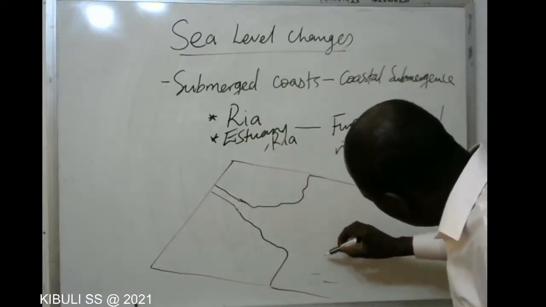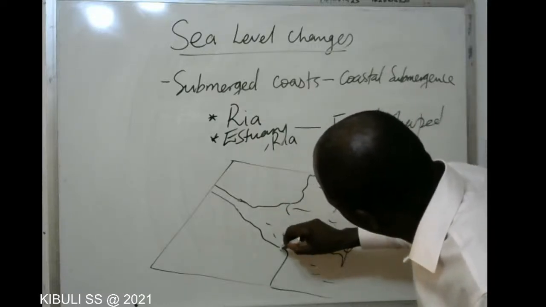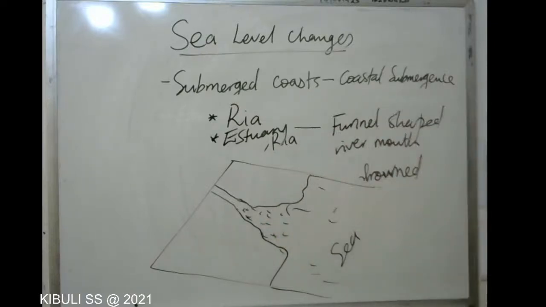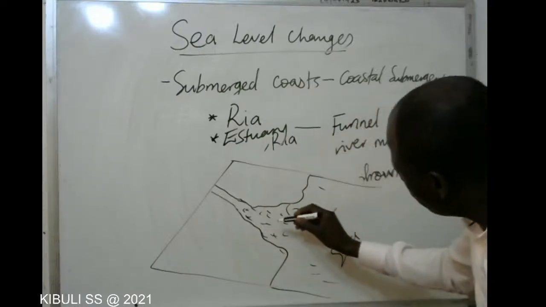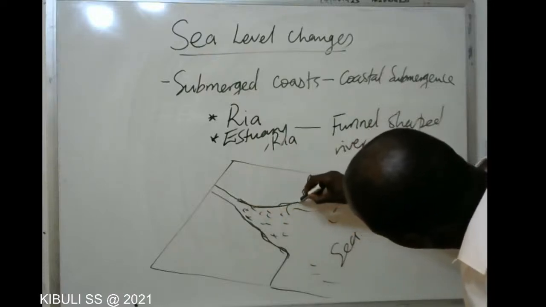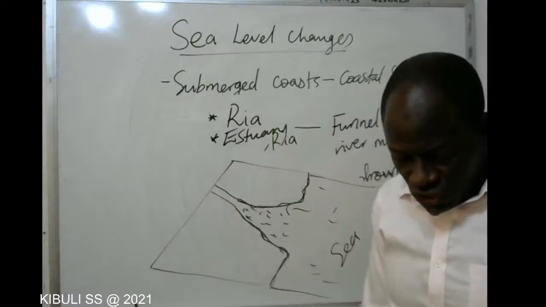Now when the sea level rises, if this side is where we have the sea, it is this river mouth that gets occupied by the waters of the sea that have risen. And therefore, this funnel or V-shaped river mouth along the coast is what we call an estuary.